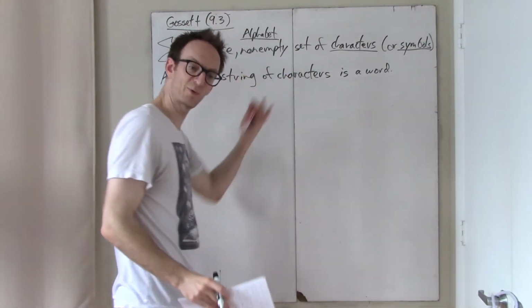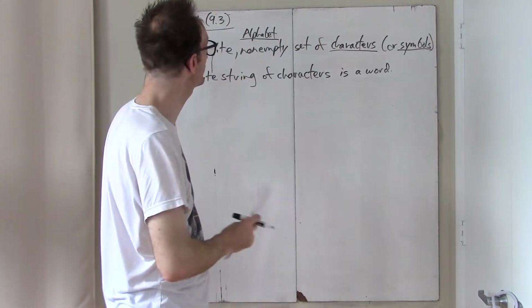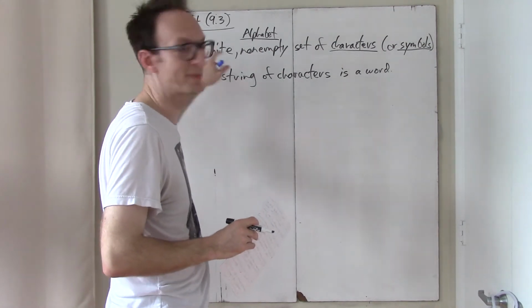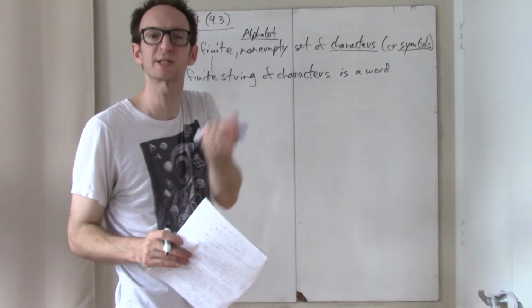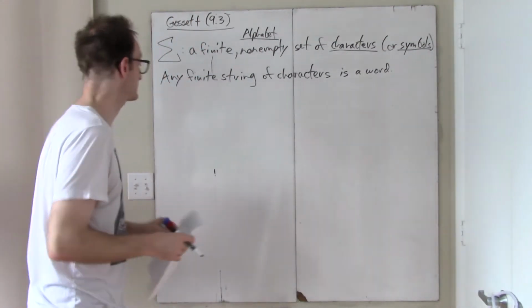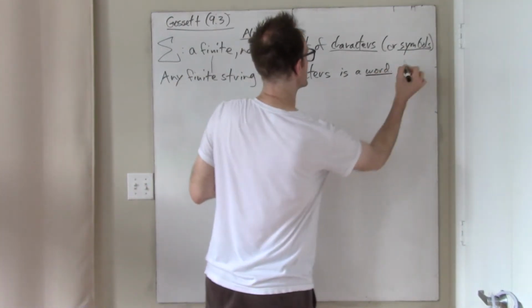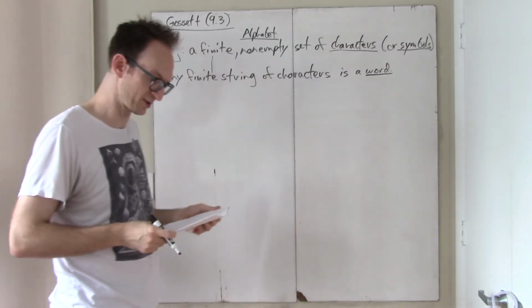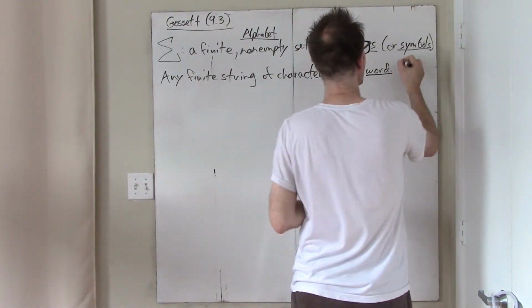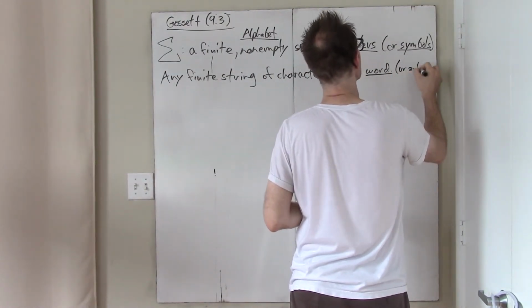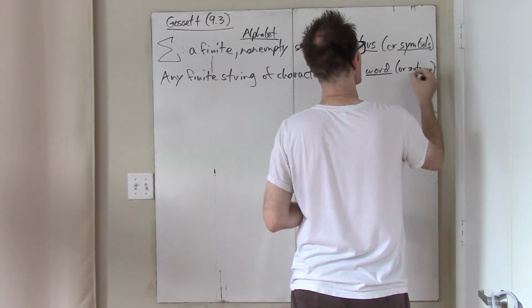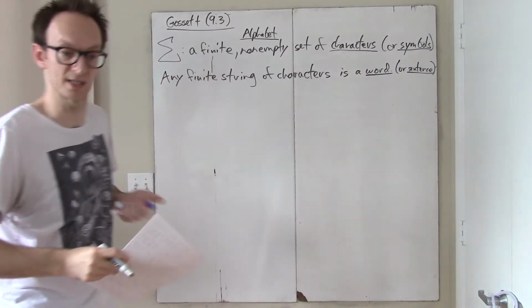But if we're studying this abstractly, it's simpler to think of this alphabet as being composed of single characters, and then any string of those characters we call a word. Word is the term that Gossett will use. But, owing to the influence of linguistics, some authors will also call it a sentence.